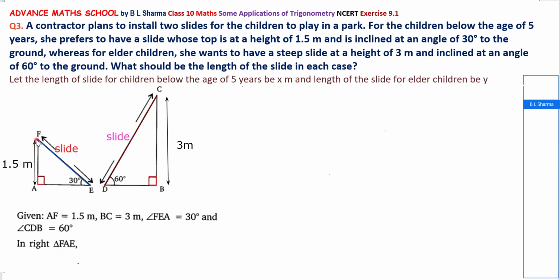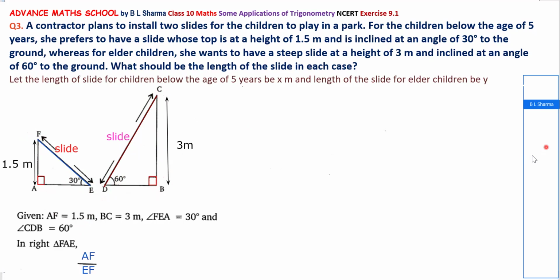Now we have to find out the length of this slide and the length of this slide. This is what the question has asked. See, this is a right angle triangle in which one acute angle is given and one side is given. This is also a right angle triangle, one acute angle is given and one side is given. We can determine the remaining 2 sides with the help of trigonometric ratios.